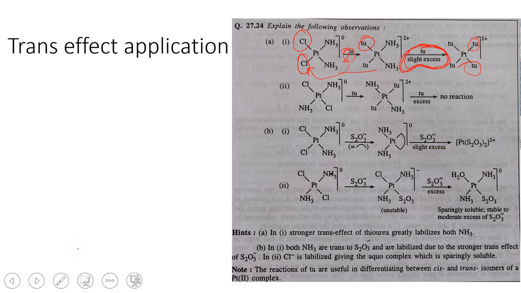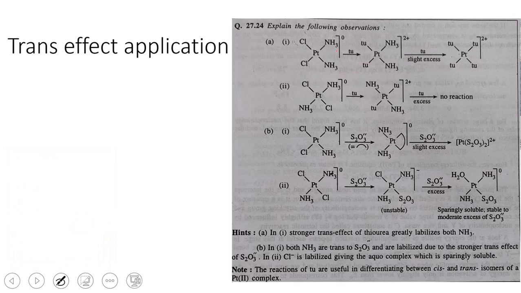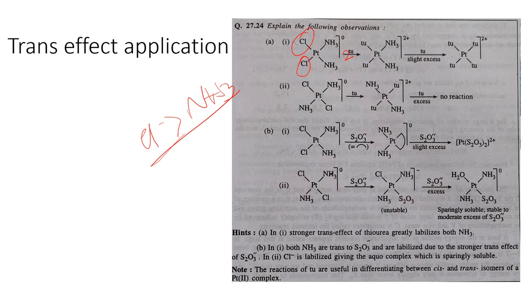So I am summarizing once again: when two thiourea units are added to this complex, these chlorines are replaced with thiourea. Now the trans effect of Cl minus is more than ammonia, so the first step would not be the trans effect. This would be either bond strength or the reaction condition, as per your knowledge you can put here.